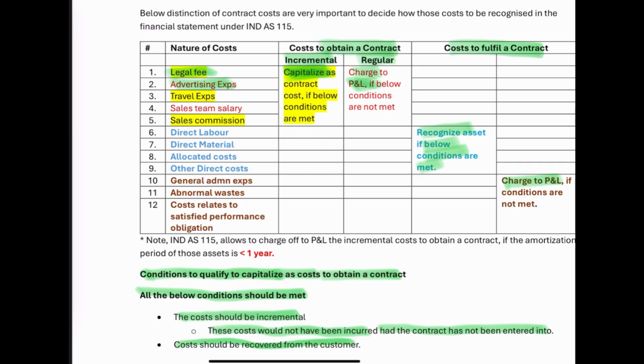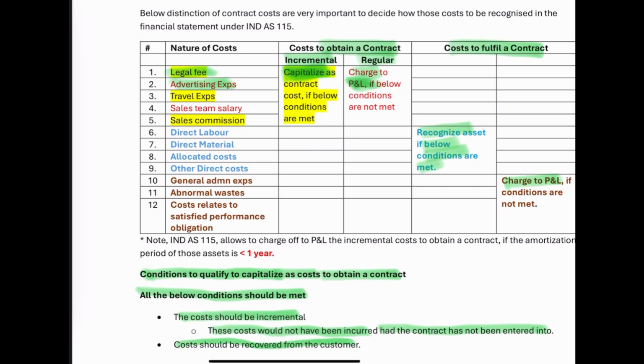Otherwise it should be charged to P&L. And sales team salary is generally common in nature, so irrespective of whether you are entering into a contract or not, those salaries will have to be incurred. So in that case it should be charged to P&L and cannot be capitalized. And sales commission, by its nature, will be paid only if you have the contract. If you don't have the contract, sales commission will not be paid. So in that case it can be qualified to be capitalized.